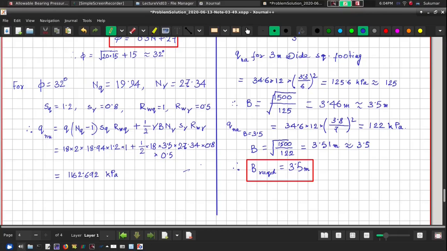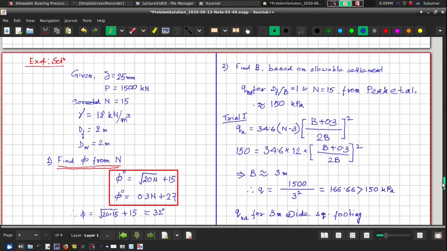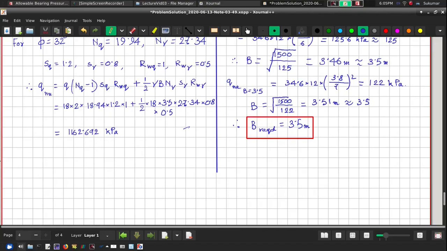So now this settlement criterion, when we started using Peck, Hanson and Thornburn curve, we know that those curves are given for a factor of safety of 2, and therefore I will use a factor of safety of 2 here also to get the QNS.